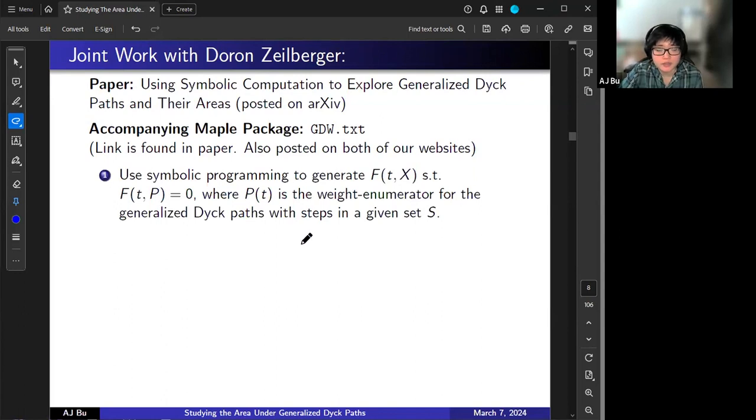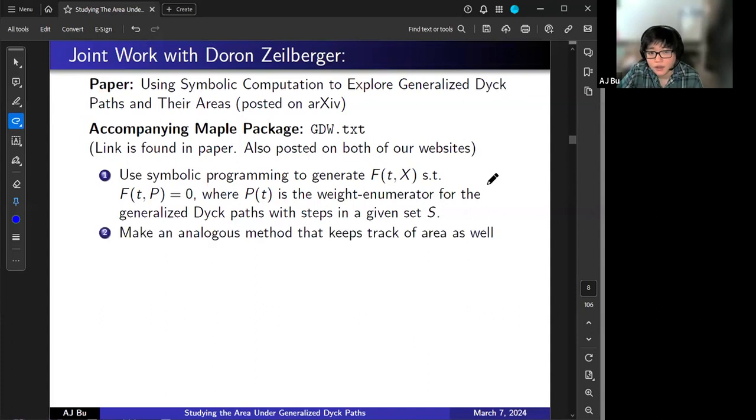And what this project covered was first using symbolic programming to generate F(t, x) such that F(t, P) is equal to 0, where P(t) is the weight enumerator for the generalized Dyck paths with steps in a given set S. And then we're going to extend it to keep track of area as well.